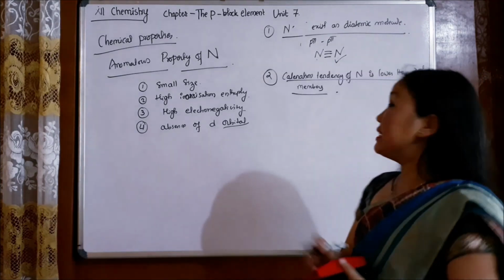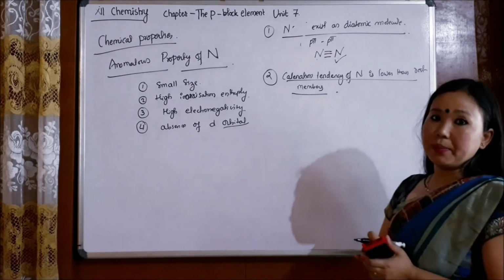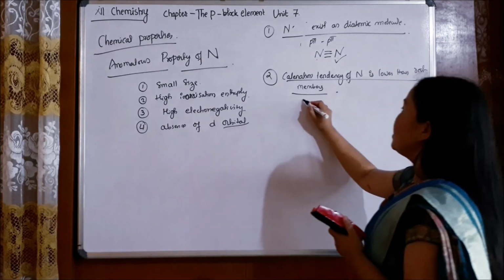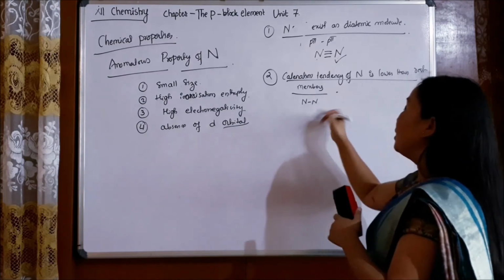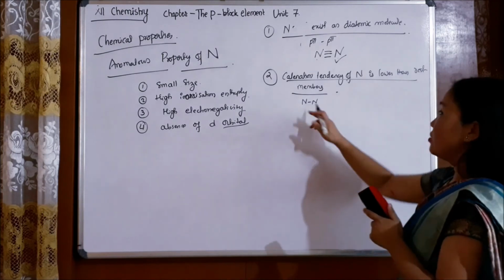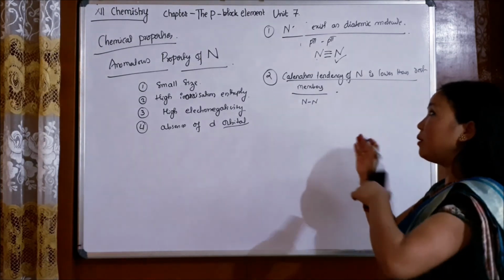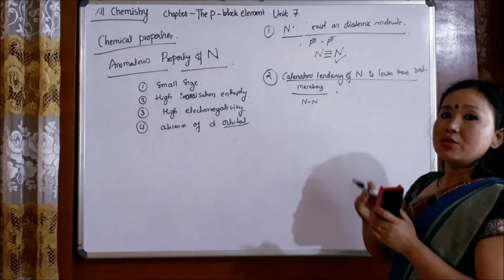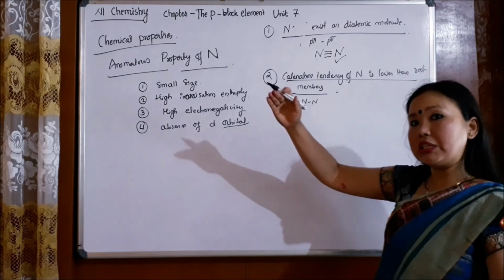The next point is that the catenation tendency of nitrogen is lower than the rest of the members. Catenation means the unique property to link itself with atoms of the same element or of some other element. That means it should be able to form a single bond, and then only will it be able to link with each other and form a long chain.